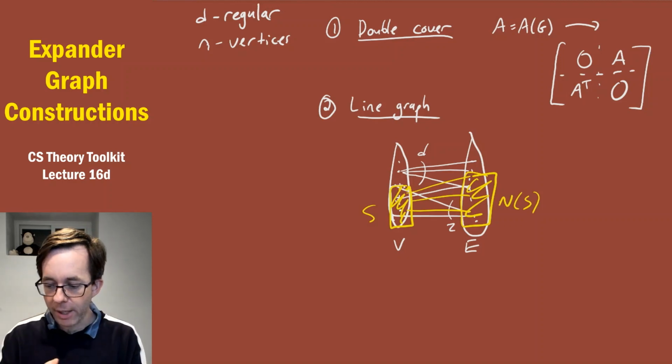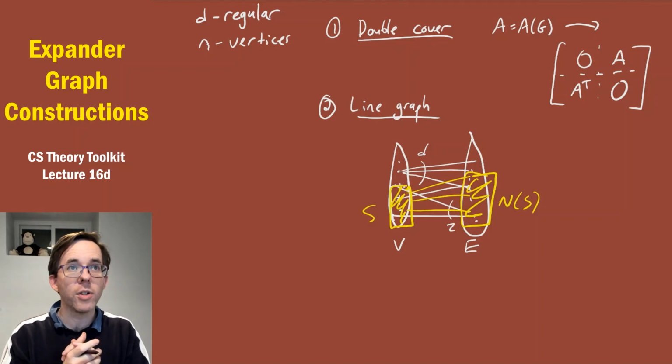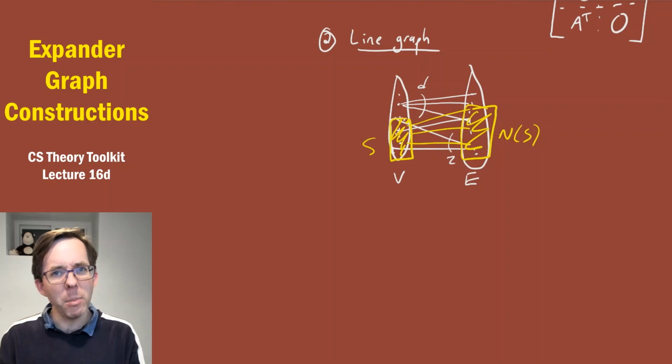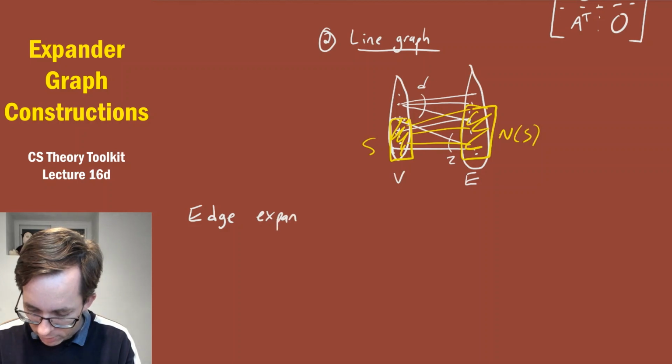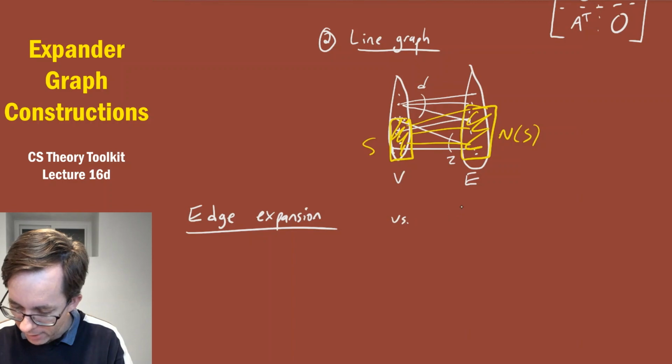That's called vertex expansion. But now, when I go back to talking about usual non-bipartite graphs, you can talk about vertex expansion, but it's going to be easier, and it's a bit more common, to talk about edge expansion. So let me just write these two things here, edge expansion versus vertex expansion. So from now on, I'm talking about not necessarily bipartite graphs.